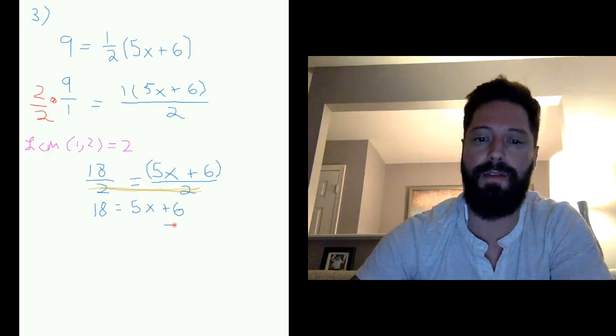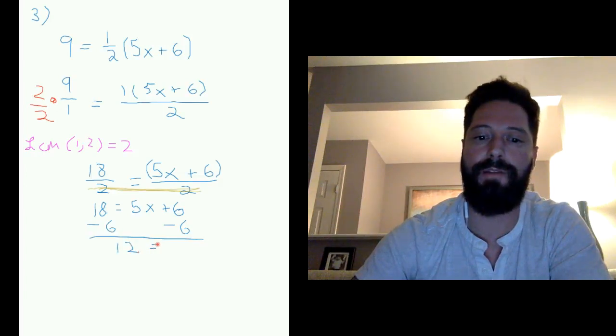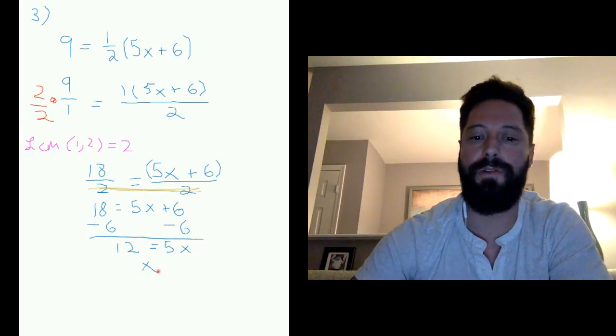Subtract 6 from both sides. And we get that 12 equals 5x. And dividing both sides by 5, we get x equals 12/5. And that's just our answer. It's nothing neat and tidy looking.